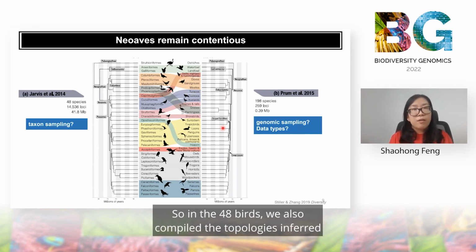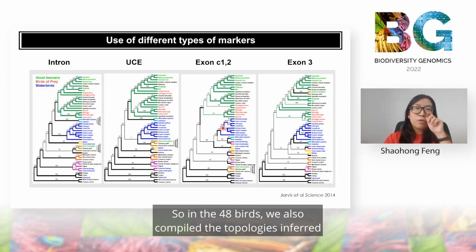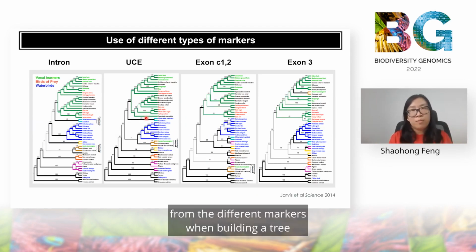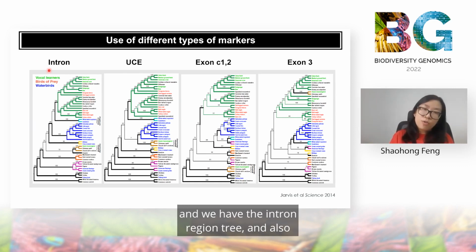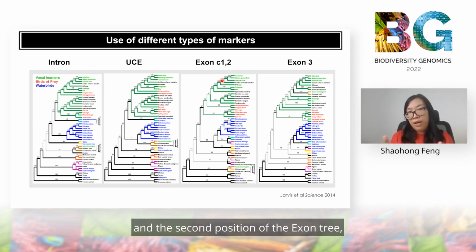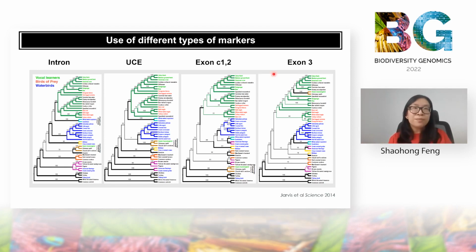In the 48 birds, we also compared the topologies inferred from different markers when building a tree. We have the intron region tree, the UCE region tree, the first and second positions of the exon tree, and also the third position of exon.